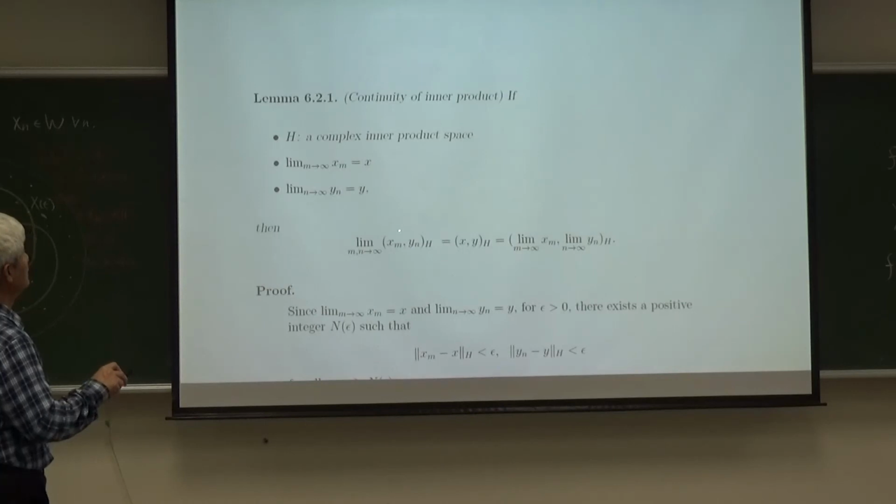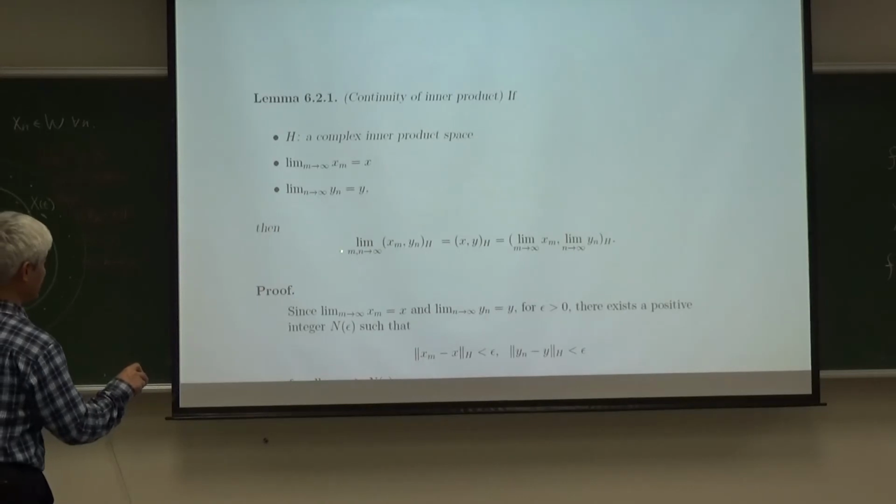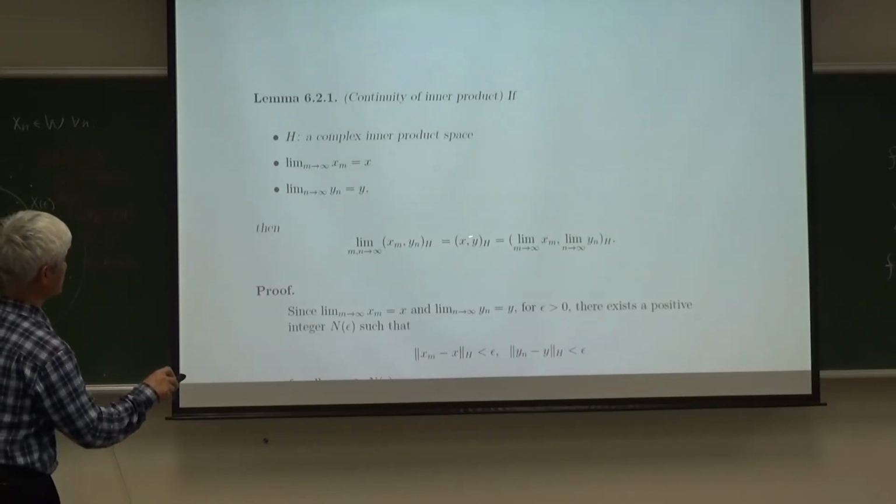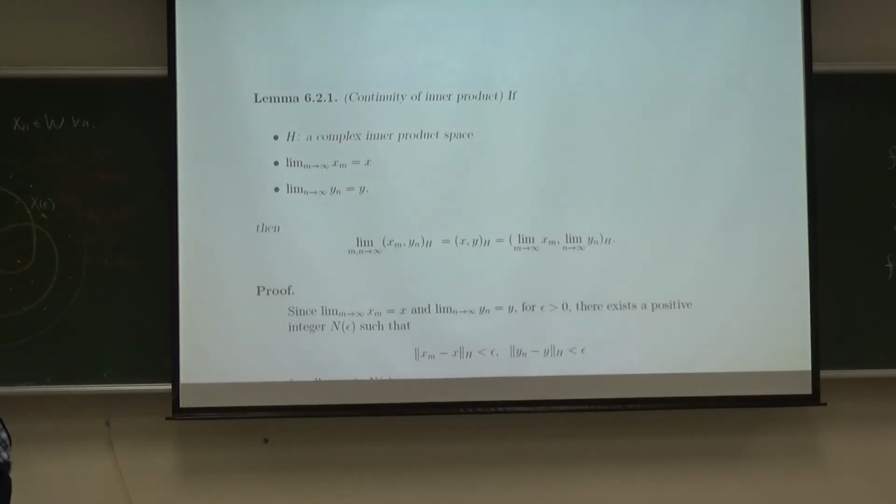Then the inner product of xn and yn, when we take the limit as n goes to infinity, will converge to the inner product of x and y. Okay? Converge to the inner product of x and y here.